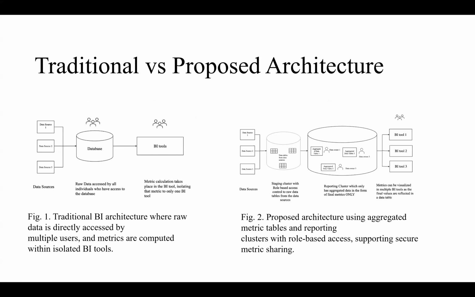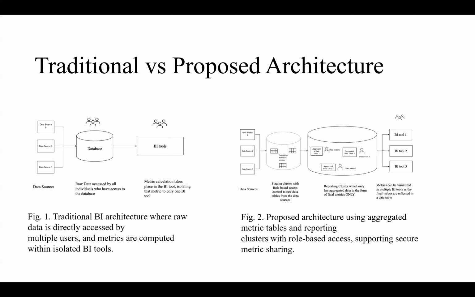As you can see, on the left is the traditional architecture, where raw data is directly exposed and consumed in BI tools to create metrics. This does not offer any privacy or governance structure. On the right is a more robust aggregated metric structure. Data is transformed by the metric owners and added to the aggregated metric tables.